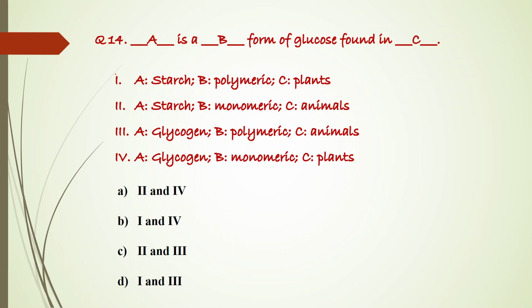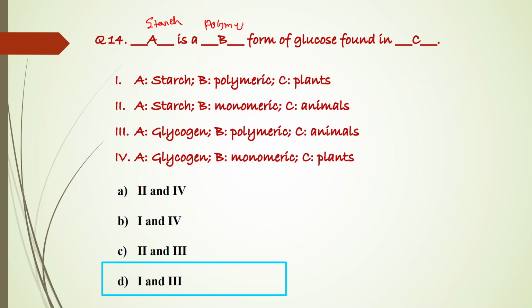Okay, so I have one answer. So let us see. She is saying option number D. Yes, you are absolutely correct. First let us see statement number 1, whether it fits this sentence or not. The first statement is, in place of A we have to put starch. Starch is a polymeric form of glucose.